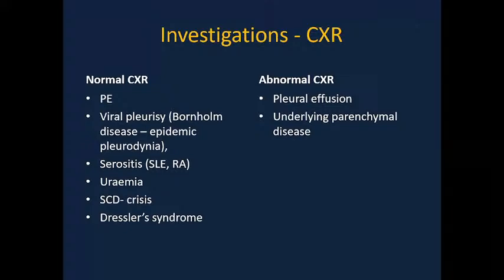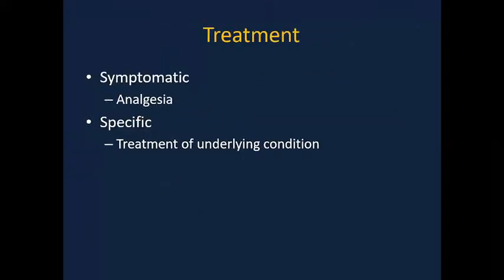If the X-ray is abnormal, what you will usually see is a pleural effusion, obviously, or the underlying parenchymal disease that is responsible for the pleural effusion. And on rare occasions, you may see pleural thickening. The treatment is symptomatic. You want to give adequate analgesia, and where you have an underlying cause that is known, then you offer specific therapy for the underlying cause.